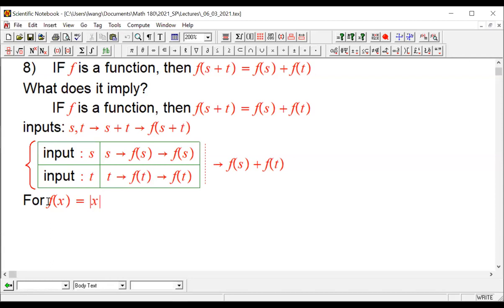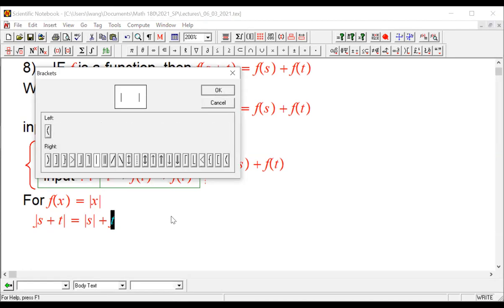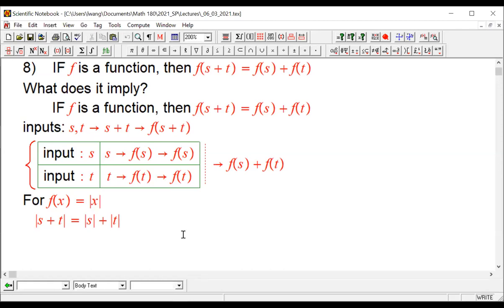So if the function in our consideration is this guy, what does it imply? f of s plus t implies the absolute value, right? So this rule becomes that. Is that true?